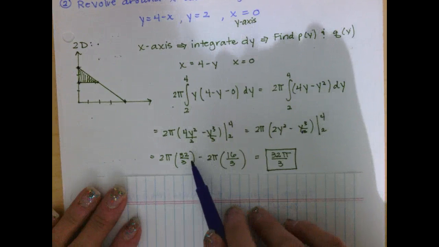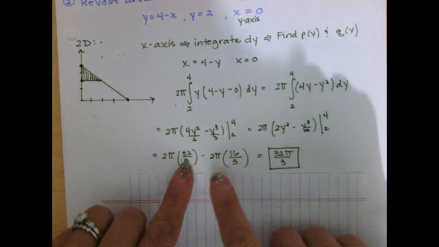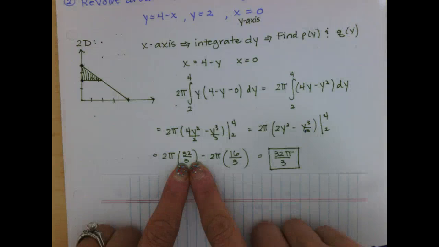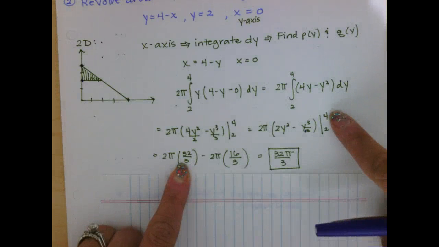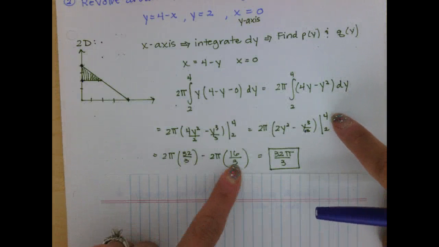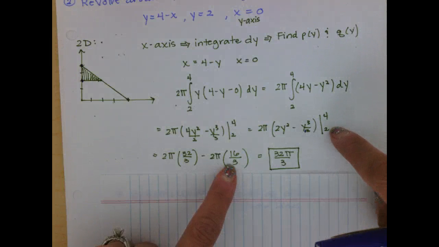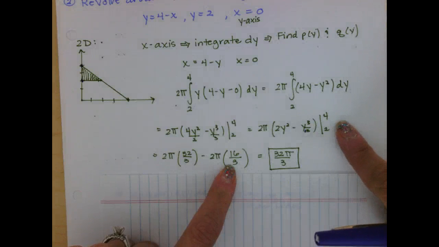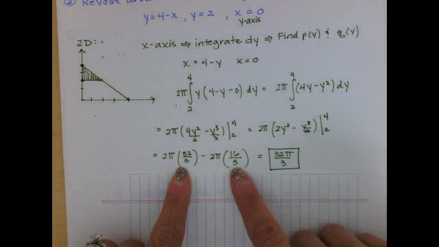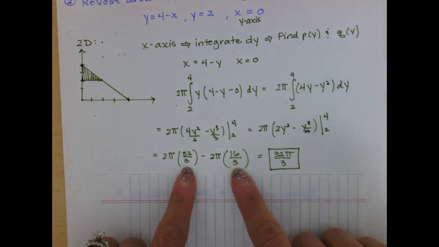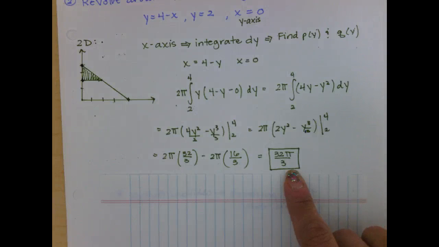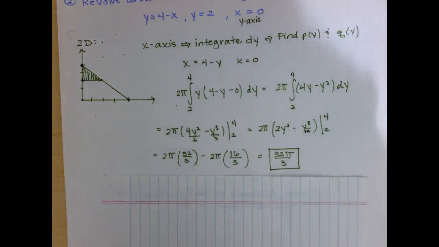Let's just hope that this 32 over 3 represents what happens when I plug in 4, and this over here represents what happens when I plug in 2. I'm hoping I didn't make a mistake on that. If I did, let's make sure that we clarify that in our discussion this week, and make sure that you guys are getting the same thing. Anyway, once we do that, we've already got a common denominator, we can combine and get that answer.